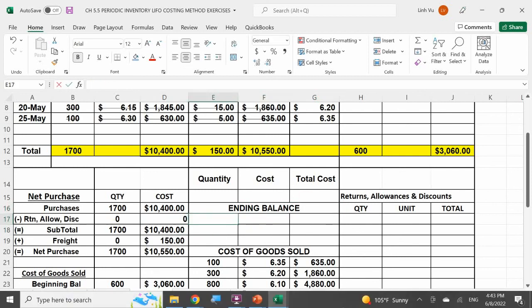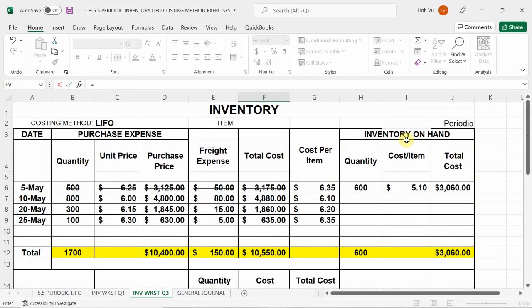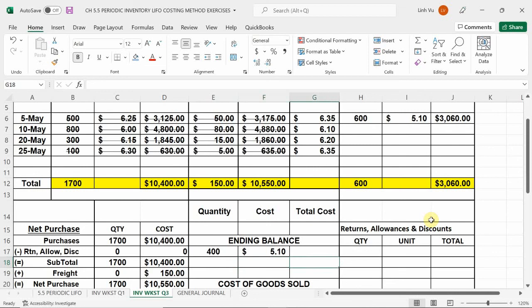Your oldest batch of inventory is your beginning balance, because starting May 1st you had the 600 units. You can simply calculate 400 times that 5.10, and that's going to give you the same exact answer.